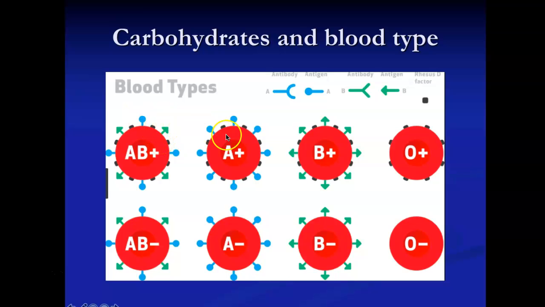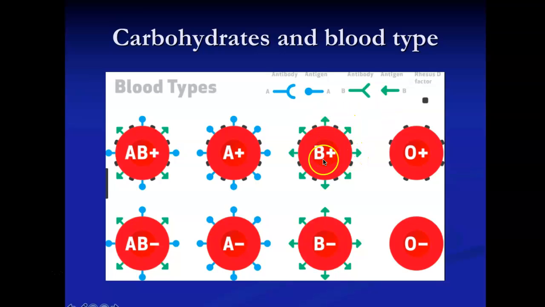So this just serves the purpose of cell recognition. This is why if a person has B blood type, you see how they have the green arrows? They have a particular carbohydrate hanging off of the cell membrane of red blood cells. If they were infused with the blood of someone with type A, their body would reject it because it doesn't recognize it. So your cells are really good at recognizing self from non-self based on the carbohydrates hanging off of them.